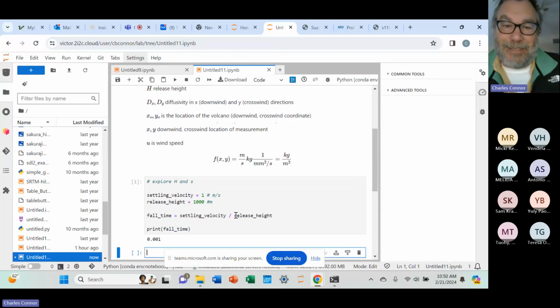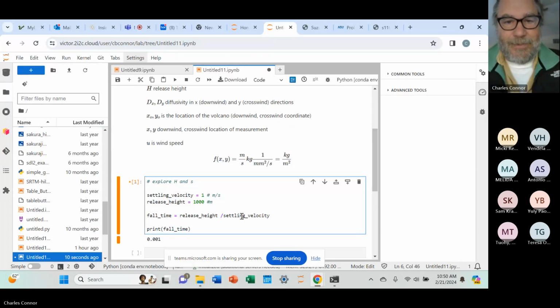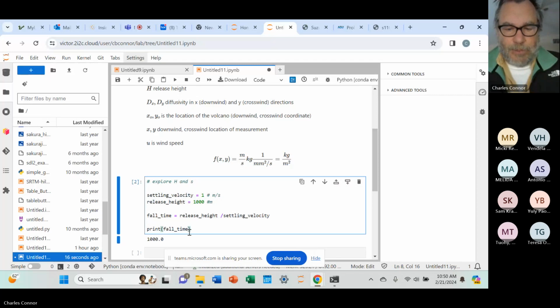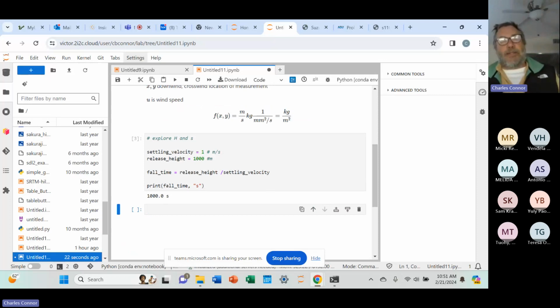It's the release height divided by the settling velocity. Oh, it's not so easy. So that's the fall time in seconds, right? Okay, got that right. That's the fall time in seconds.